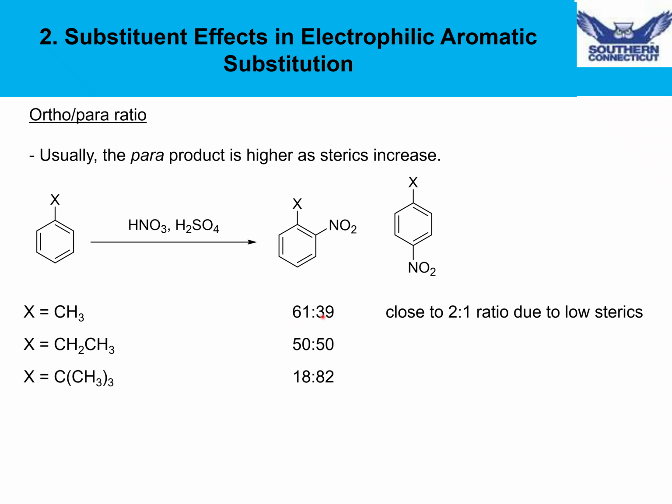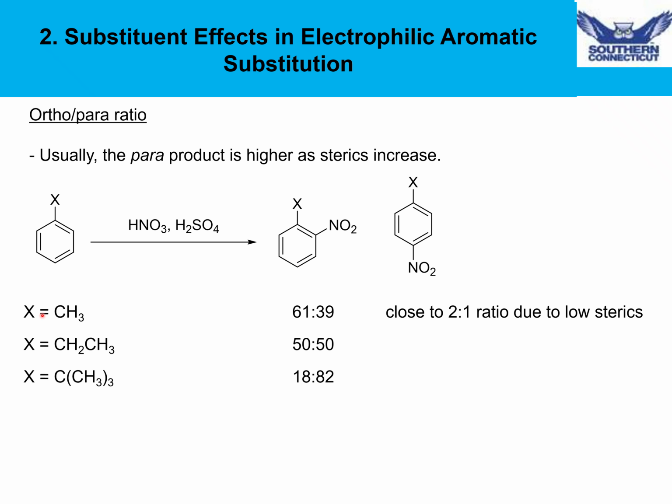Notice that this is based primarily on statistics. There are two ortho positions, there's only one para position, so it makes sense as long as both the existing functional group, which is the methyl, and the new substituent are relatively small. In other words, they both have very low sterics. The ratio of the products between ortho and para should be relatively close to a 2-to-1 ratio.